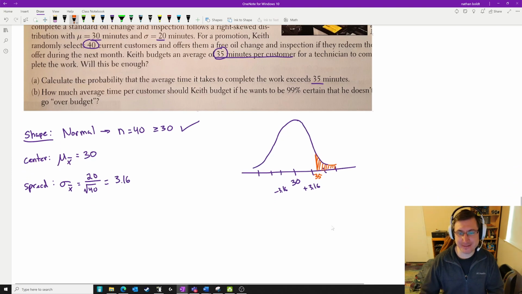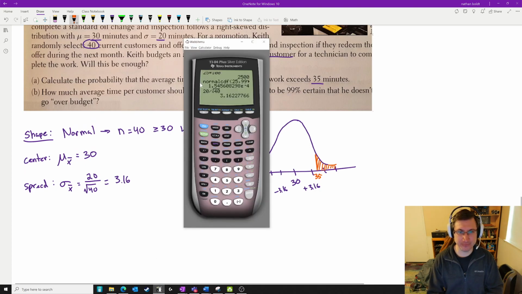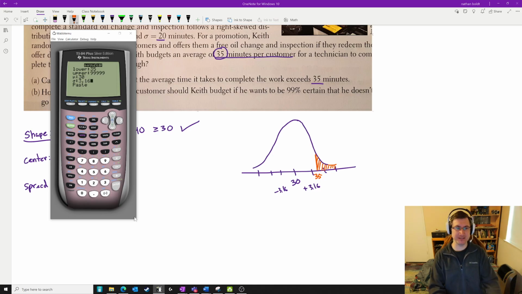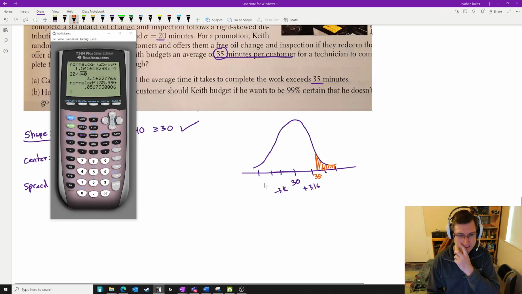Hopefully you see that as simply a normal CDF. Again, second distribution, normal CDF. Lower is 35, upper is infinity, mean is 30, 3.16 for our standard deviation. So there is a 5% chance, 0.056.